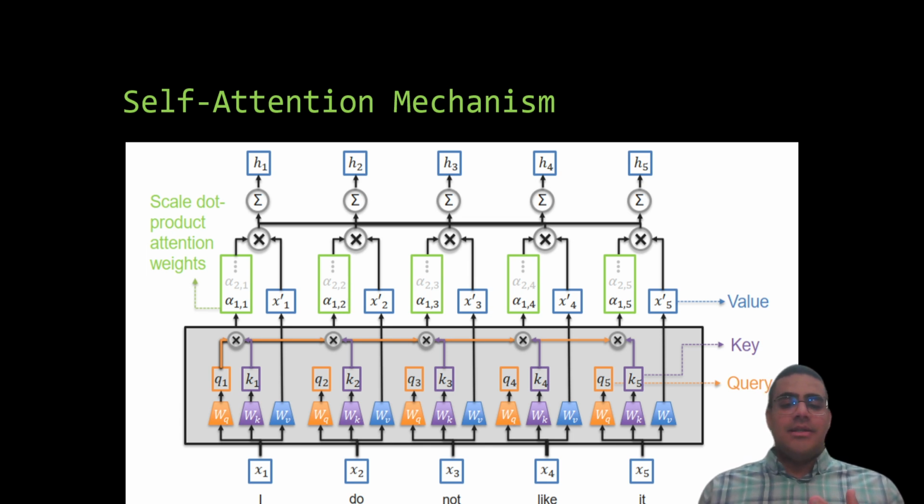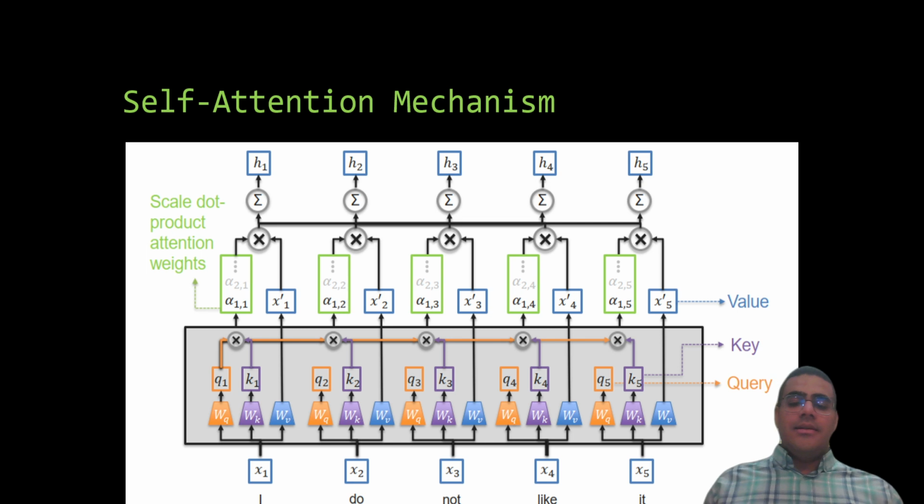The self-attention mechanism, by dot producting the query of the current token with the keys of all other tokens, and then putting it through a softmax function, is able to find the attention weights. Attention weights basically tell the model that for this current specific token, which other tokens are most important, which other tokens are most attending to it.